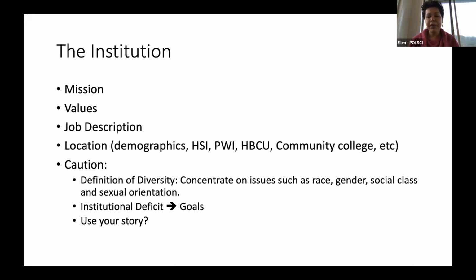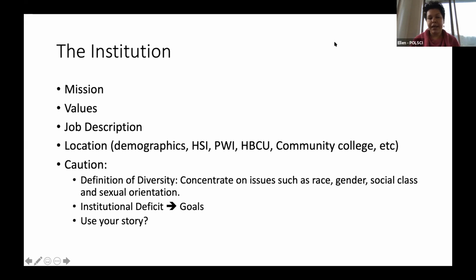We talked about the definition of diversity. And one thing that I want you to take into consideration is how you can contribute to the efforts of that institution, particularly looking at the demographics that they are looking at.